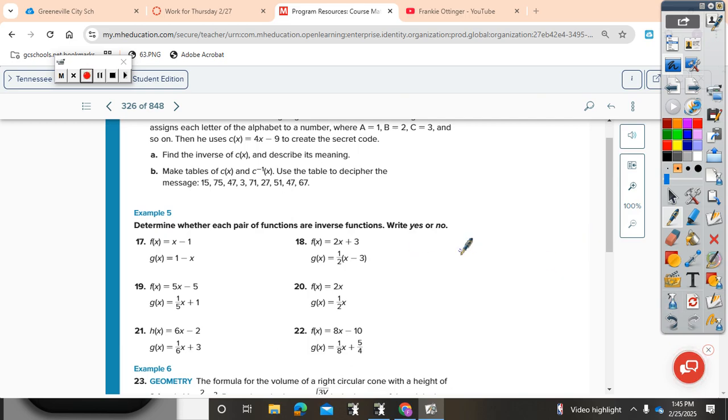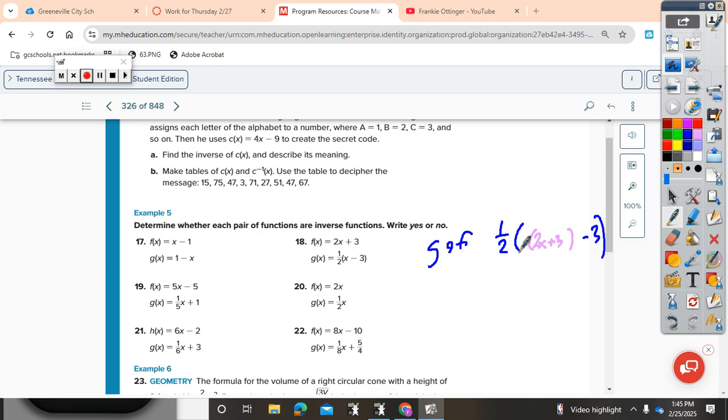If I go the other way, so g composed with f, I'm going to say 1/2 parentheses, and then I need to make another parentheses for that x, because what am I going to put inside of it? 2x plus 3. And then I have a minus 3 right here.